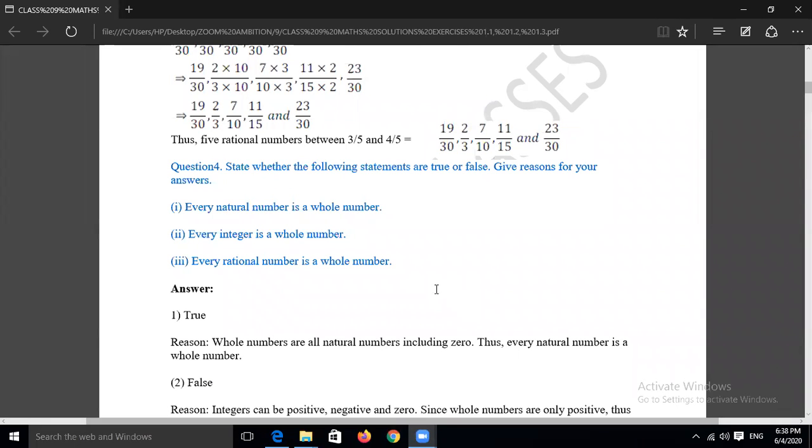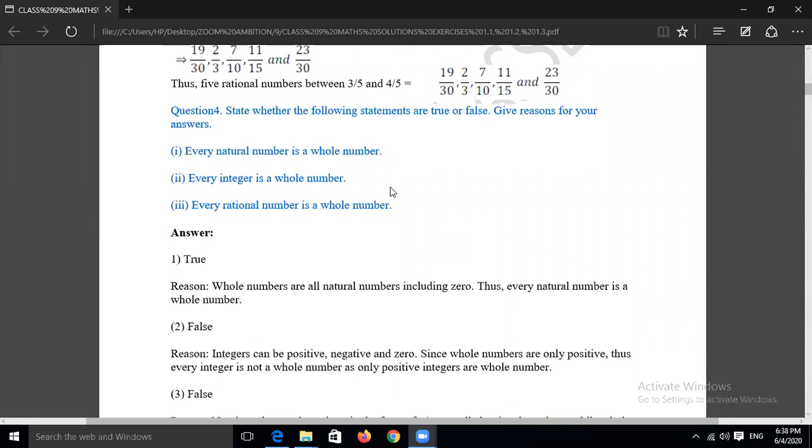This is correct. Every integer is a whole number? No, because whole number starts from 0. So less than 0, minus 1, minus 2, minus 3 cannot be whole numbers. So integers can be positive, negative and 0, but whole numbers are only positive and 0. Thus every integer is not a whole number, as only positive integers are whole numbers.